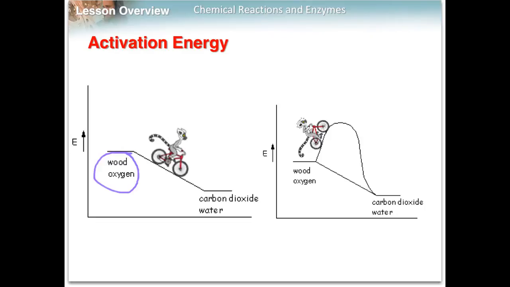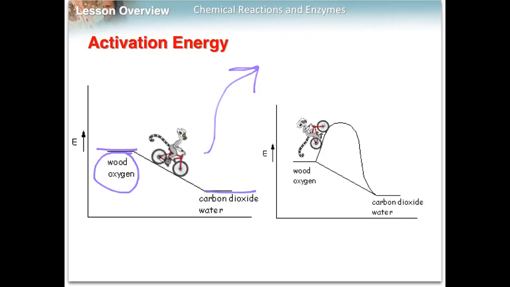But you do know that if you get it started, you're going to get a whole lot of energy out of that wood. And so when we look at this, this is our initial energy level for the wood and oxygen. This is our final energy level for the carbon dioxide and water. And so the difference in the energy from those 2 points is the amount of energy that goes off into the atmosphere.